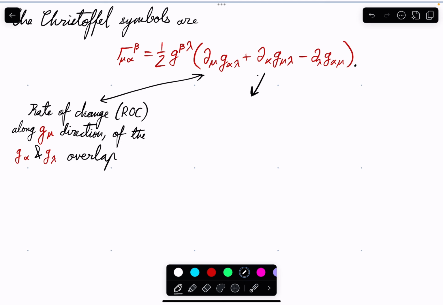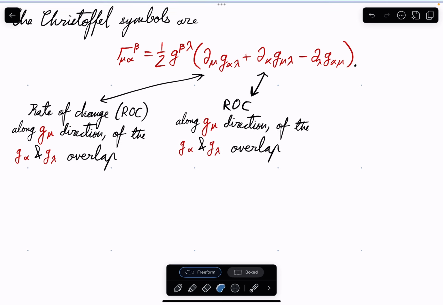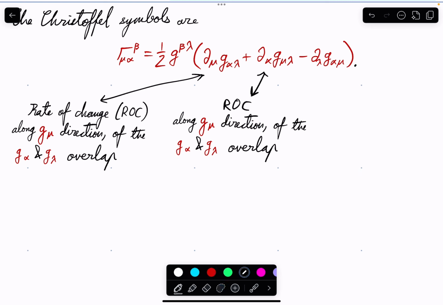And then this right here is just going to be the rate of change along the alpha direction of the g mu and g lambda overlap.